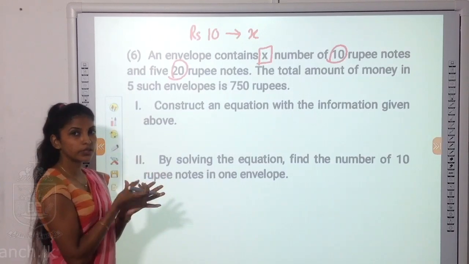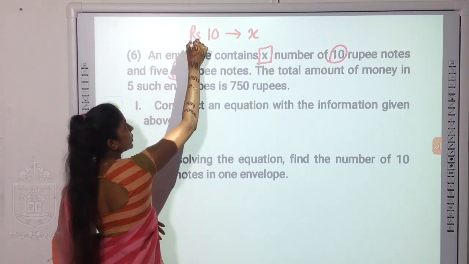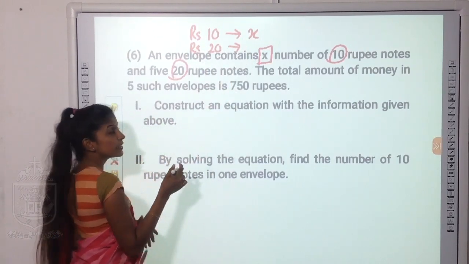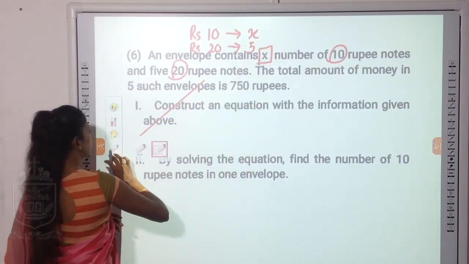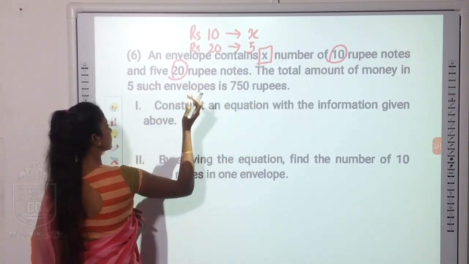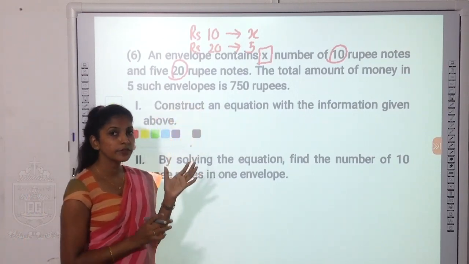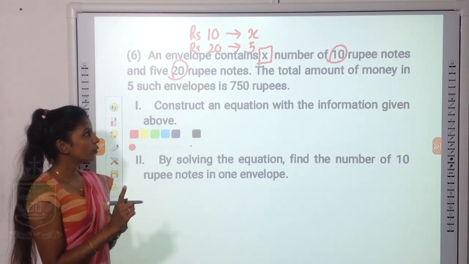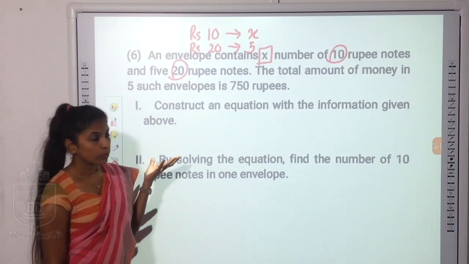X is to denote the number of notes. And then 20 rupee notes, there are 5 notes. So this is the number of notes inside an envelope. Only one envelope is there. Okay, now you have to build up an equation with this incident.